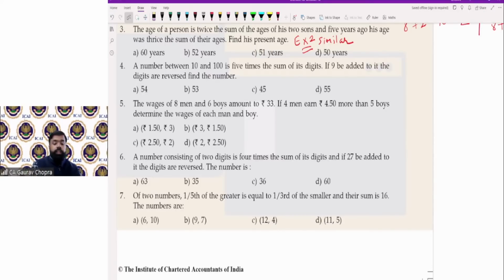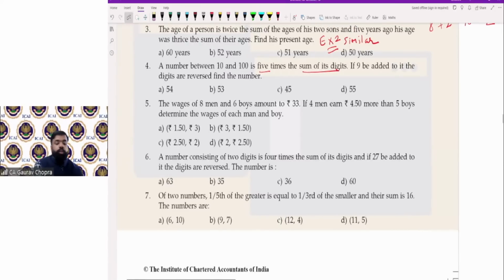Check 5 plus 4, which is 9. Now 9 multiplied by 5 is 45, but here 54 is written. So option A is incorrect, and 45 is available in the options.